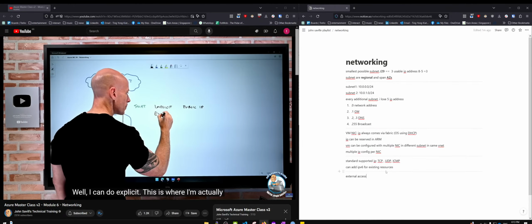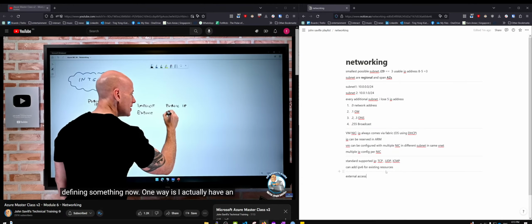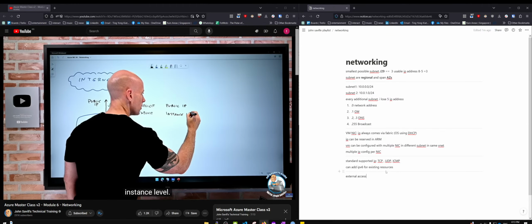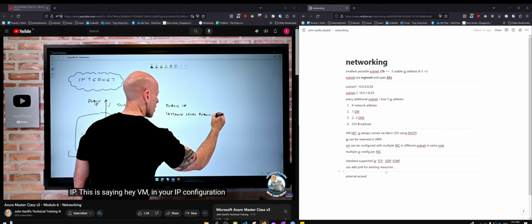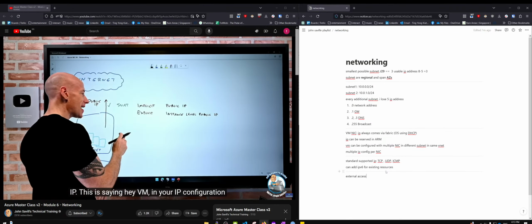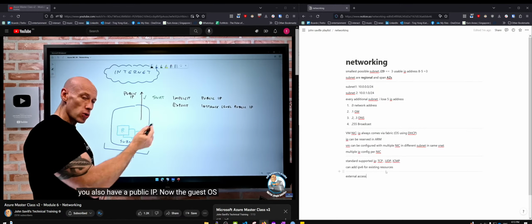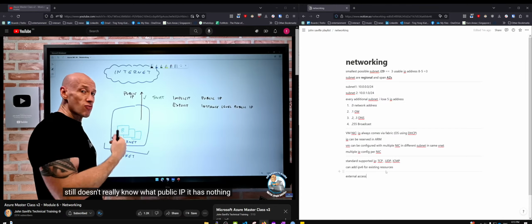Or I can do explicit. This is where I'm actually defining something. One way is an instance level public IP. This is saying, hey VM, in your IP configuration, you also have a public IP. Now, the guest OS still doesn't really know what that public IP is.